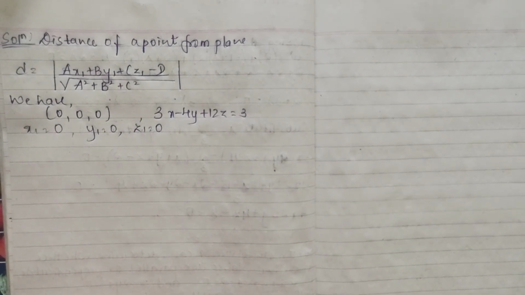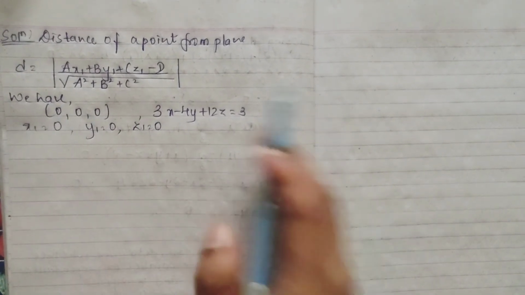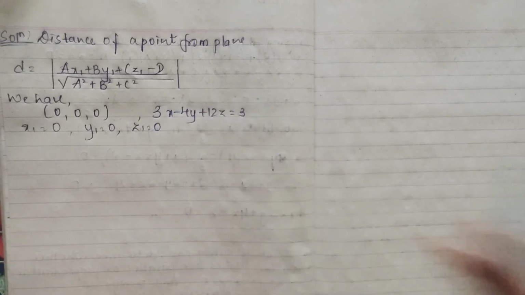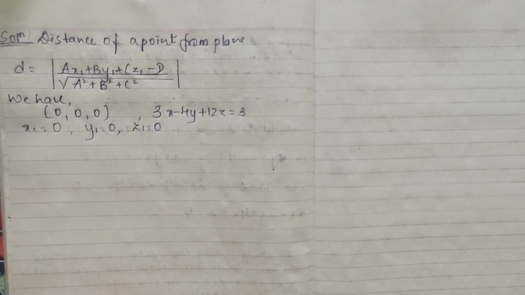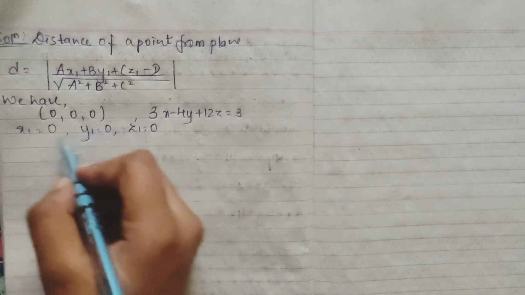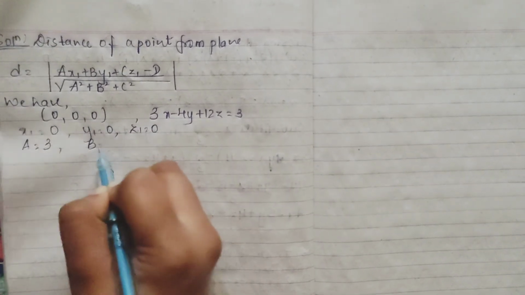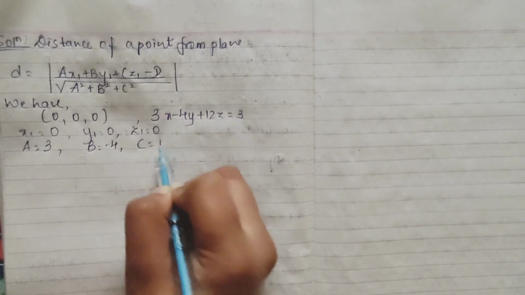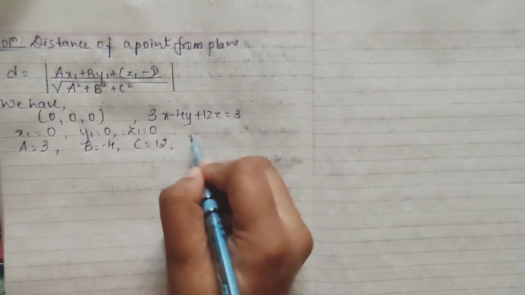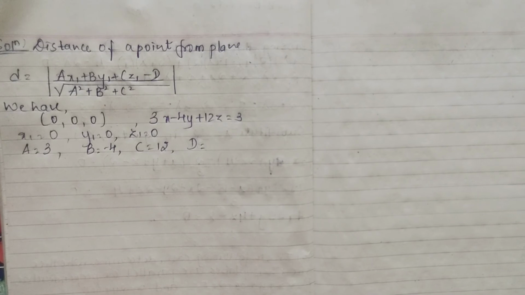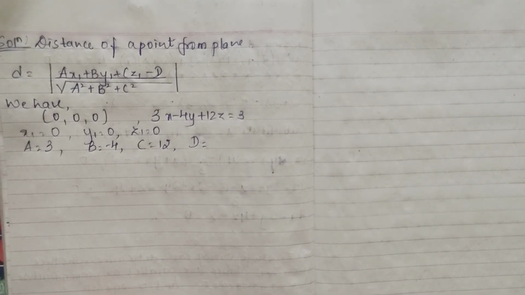So you get x1, y1, z1 from this point. Your a, b, c are direction ratios, right? So what is your a? Write down that too. a is equal to 3, b is equal to minus 4, c is equal to 12, and d is equal to 3, right?